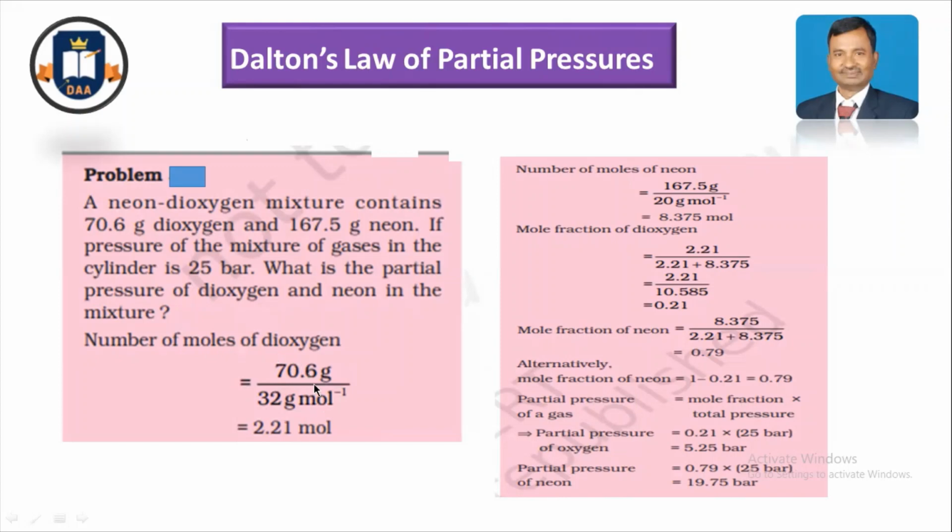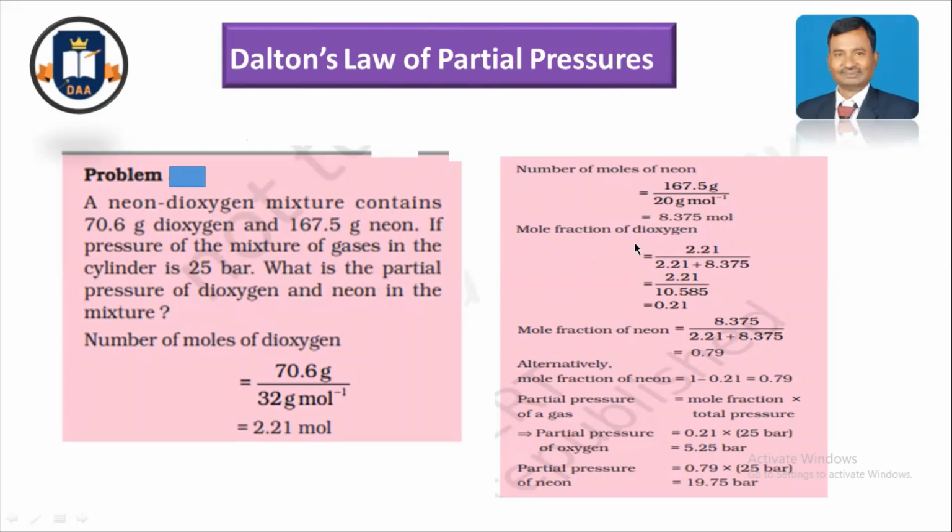Then the number of moles of dioxygen in this case is 2.21 mole. And similarly for neon, we divide the weight of neon, 167.6 gram, by neon's molecular weight, 20 gram per mole, and ultimately the number of moles of neon, after calculation, is 8.375 mole.